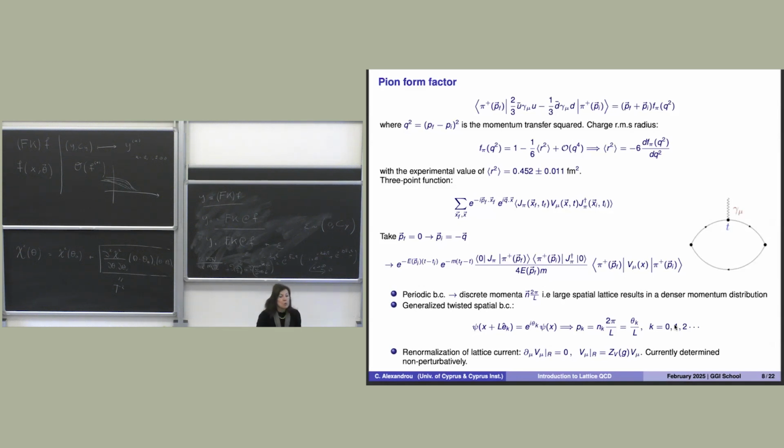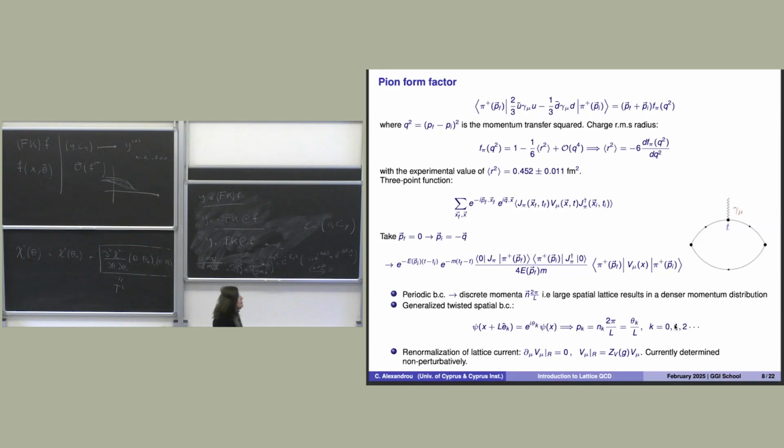On the lattice, we have the momenta discretized. They are multiples of 2 pi over L because I have periodic boundary conditions around the lattice in the spatial direction. So I can only access 2 pi over L, 4 pi over L, 6 pi over L, etc. If I want to access different values, there are techniques to do that by changing the boundary conditions to get smaller momenta, okay?